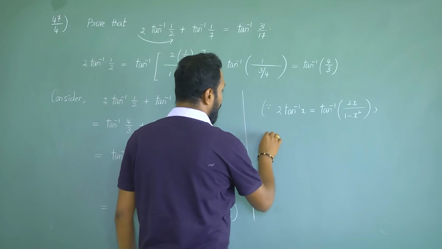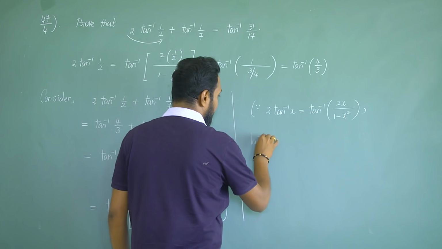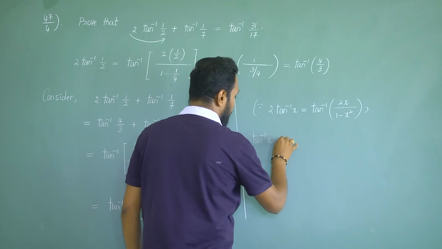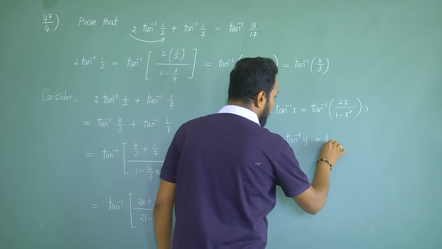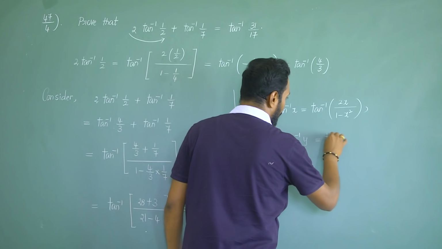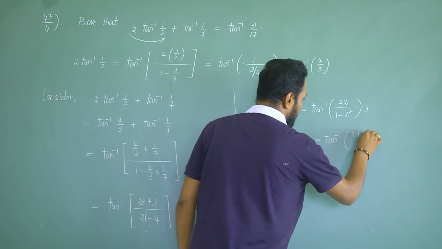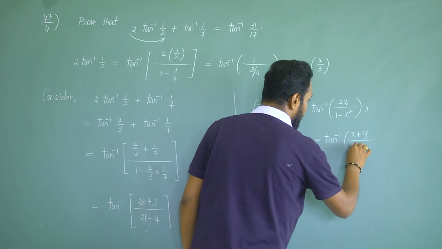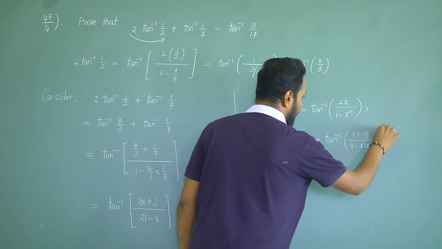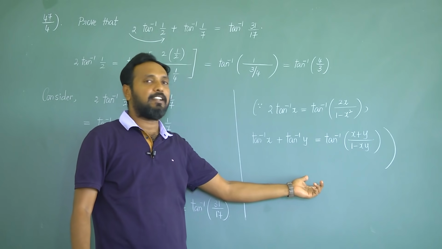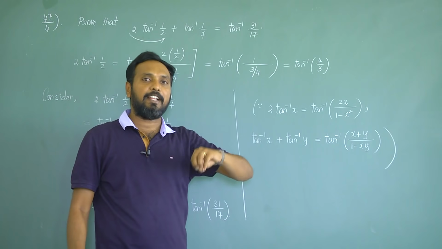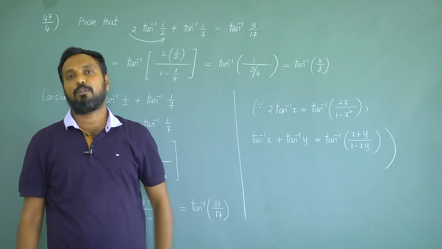Second formula we have used here is tan inverse x plus tan inverse y. So that tan inverse of x plus y divided by 1 minus xy it is. And if you write one more time here, so that it will perfectly fixed in your mind.